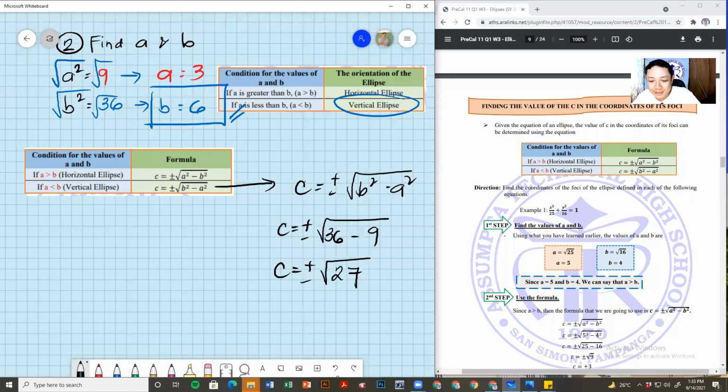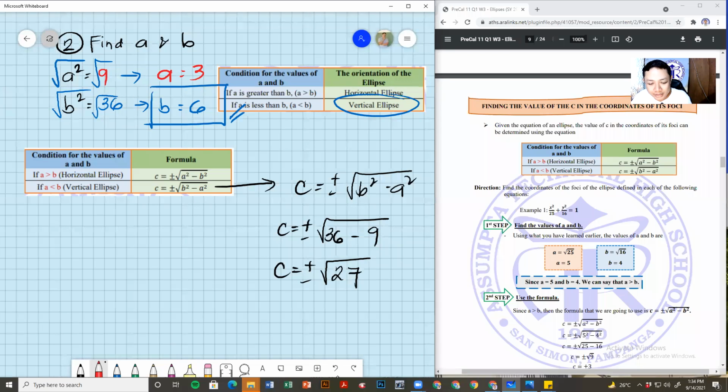Now, oops, is it 25? Oh, let's do simple math. I have here 6 to make it 30. I will remove 6 here. So what's left here is 3. And then this becomes 30. 30 minus 3, that's 27. 27. Okay. That's a simple children's math.